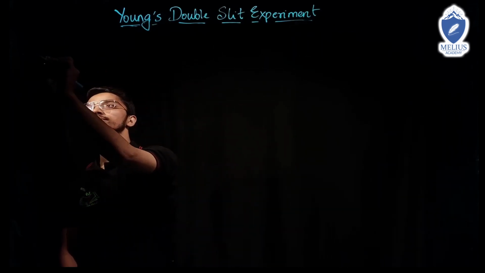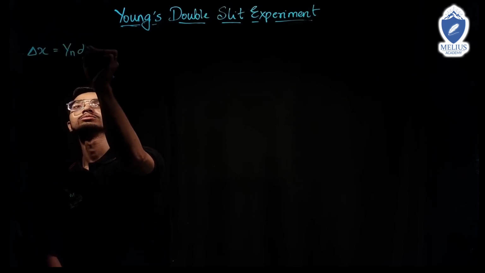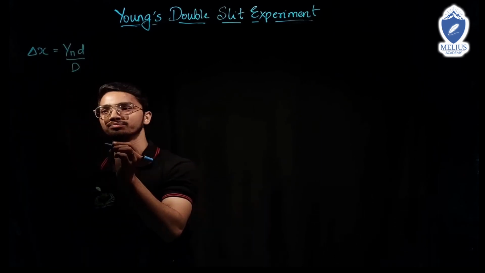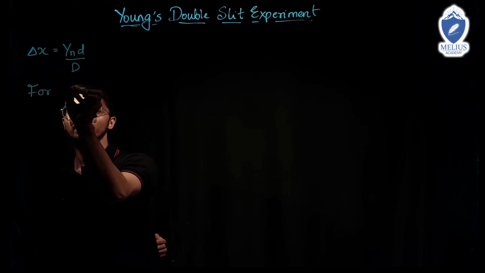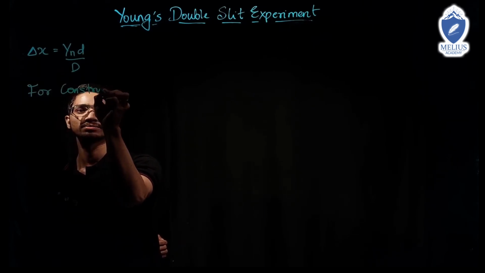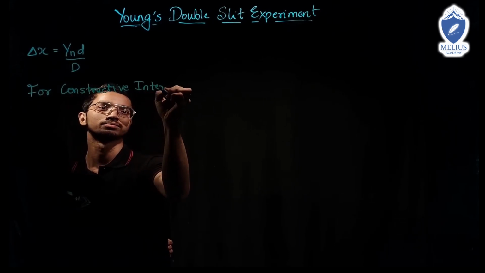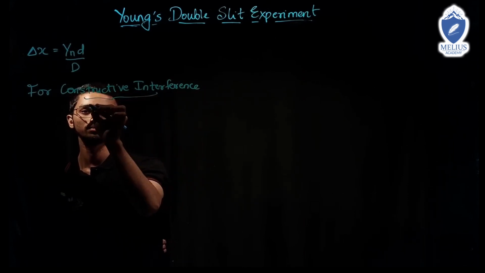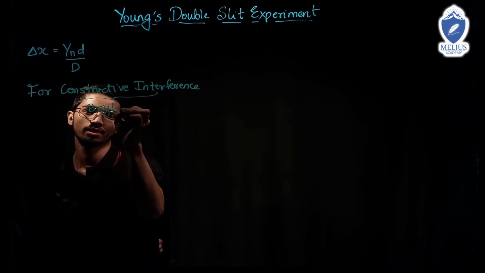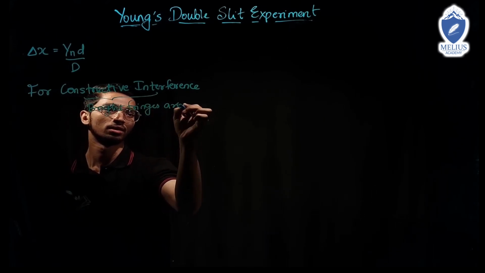What was the condition for path difference? Delta x was equal to yn small d by capital D. We have two kinds of interference, right? Constructive interference means bright fringes are formed.